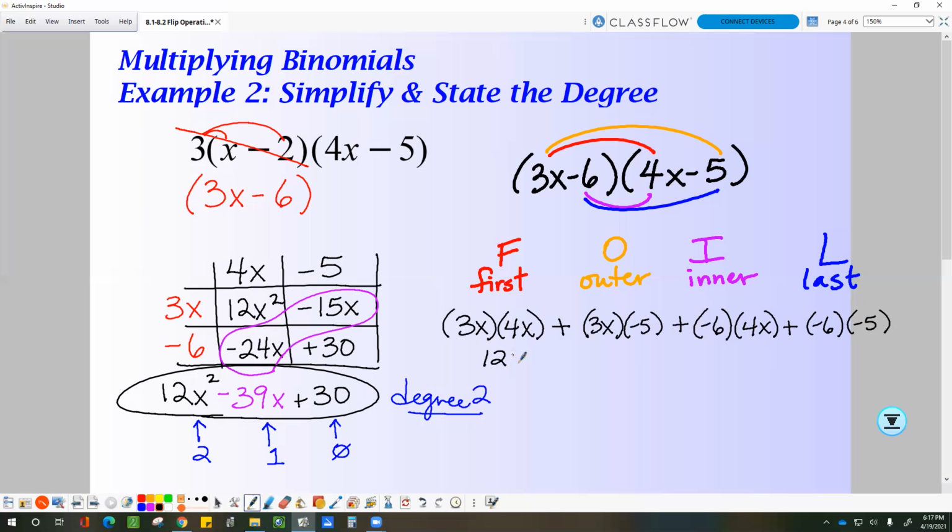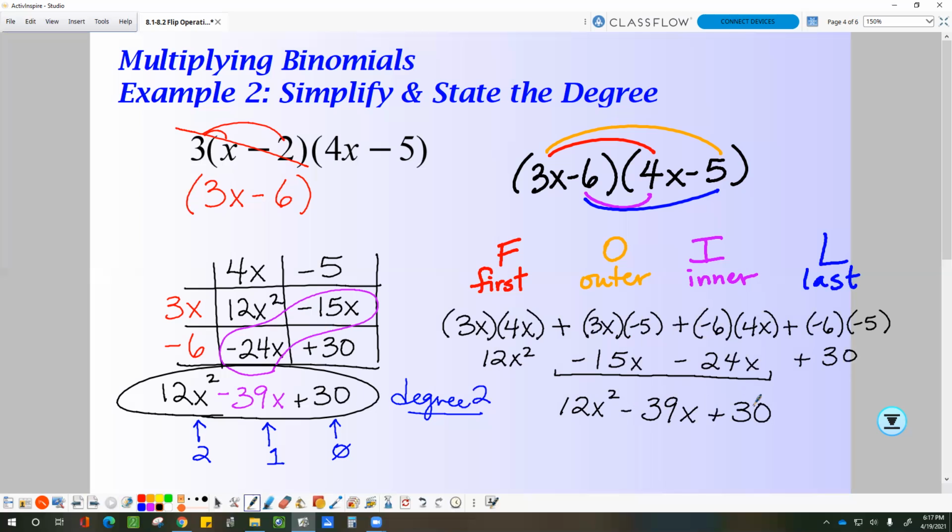I get 12x squared minus 15x minus 24x plus 30. And I combine these middle terms and I get the same answer that I got over here with the box method. And it's still degree 2. So you use whichever method is more comfortable for you.